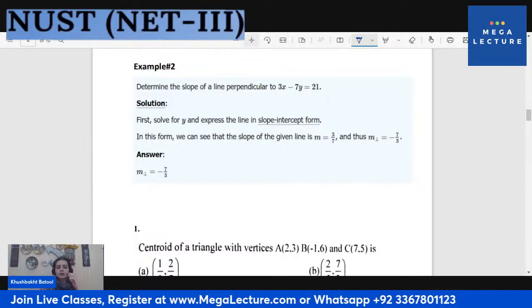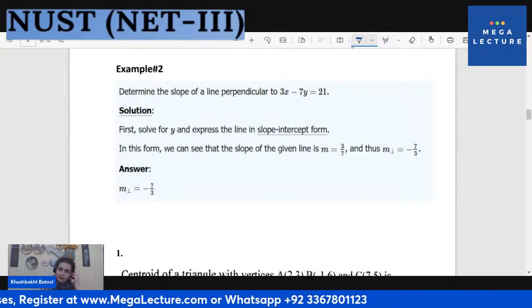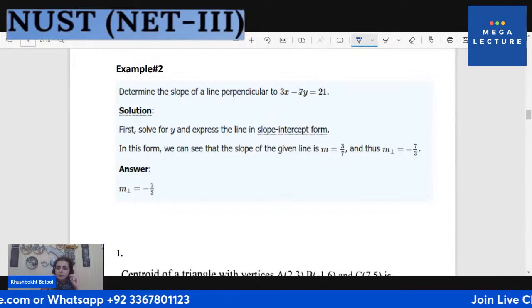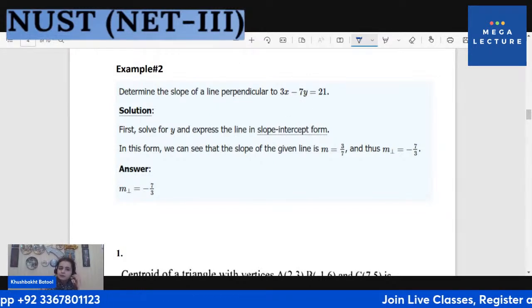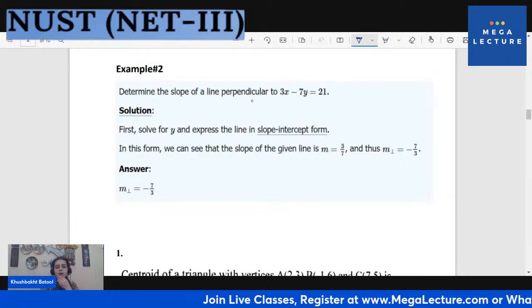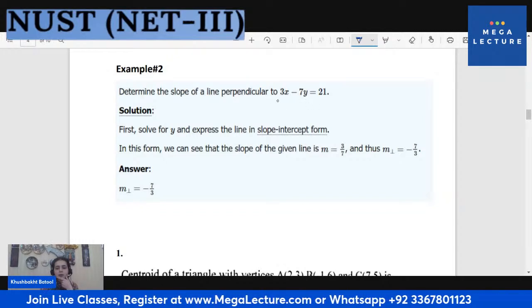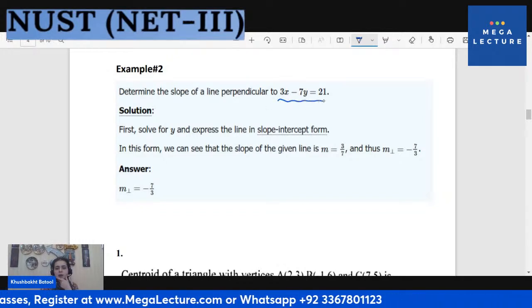Okay, the next concept is basically about the slope of a line. All right, now you need to determine the slope of a line perpendicular to 3x minus 7y equals 21.